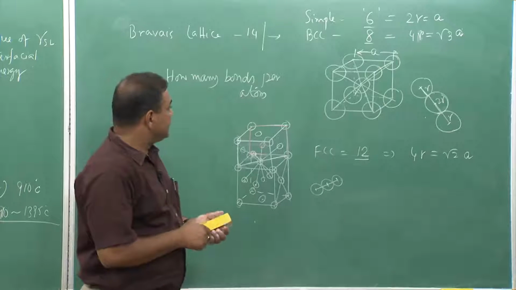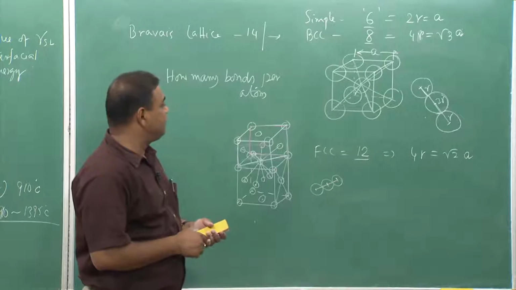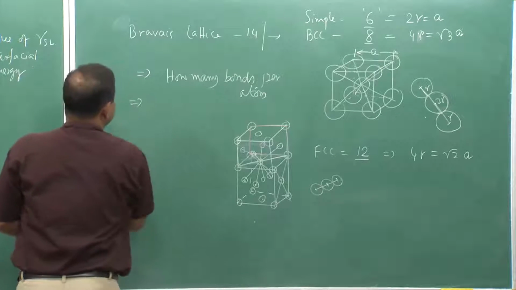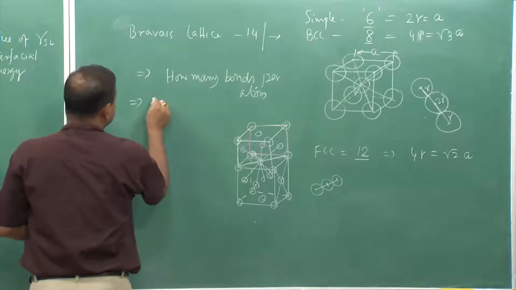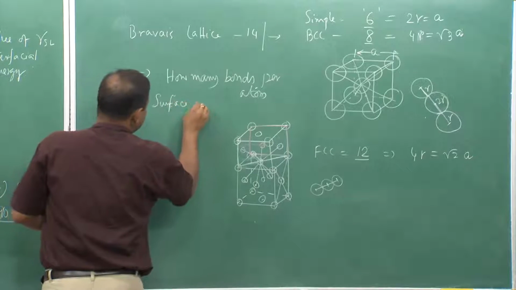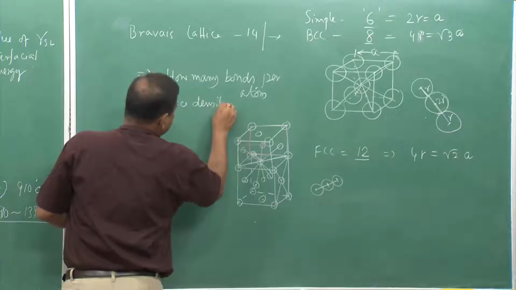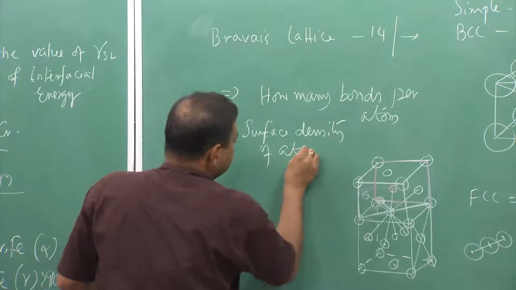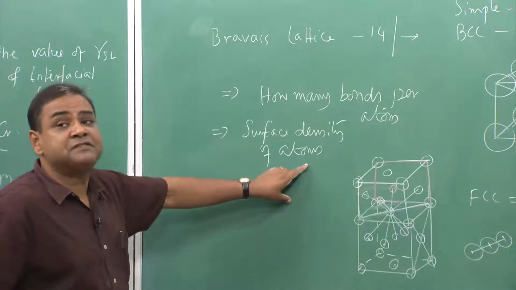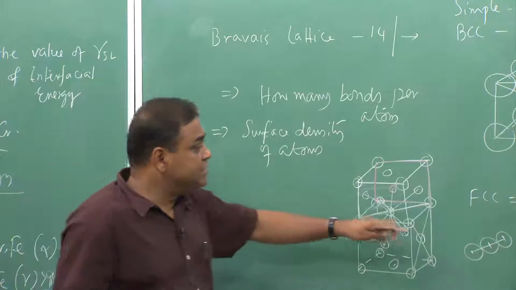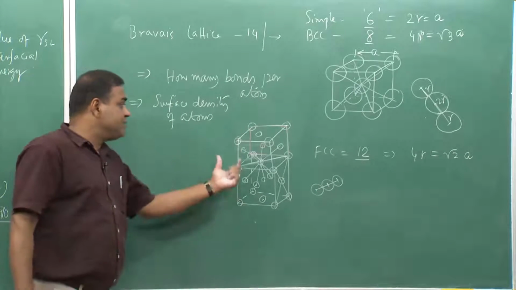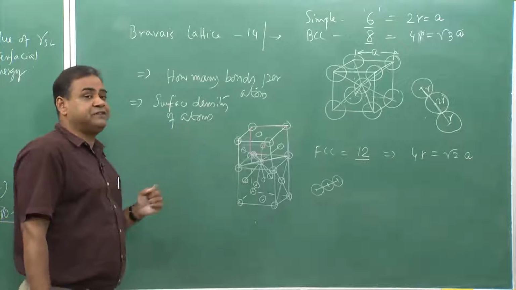Another very critical piece of information is surface density. Surface density of atoms. In order to calculate surface density of atoms, we need to know the lattice parameter and, at the same time, the atomic arrangement of that particular surface.